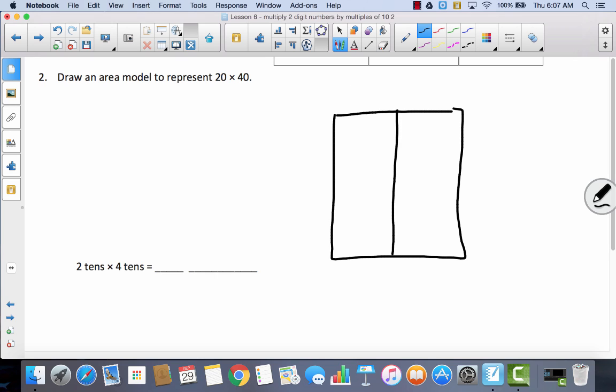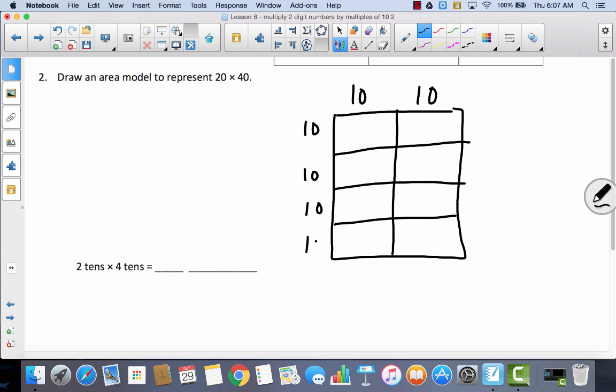So I've got 10 and 10, which is 20. And then I'm going to do 40 along the side. So I'm going to divide this into 4 parts. So I have 10, 10, 10, and 10. So up here I have 10 and 10, which is 20, and here I have 4 tens, which is 40.